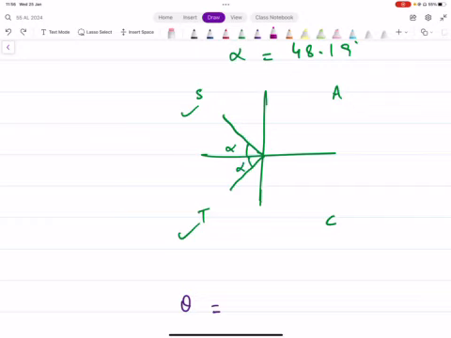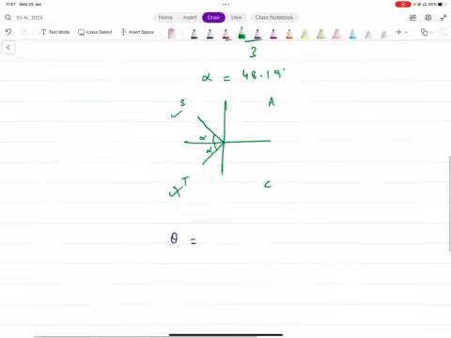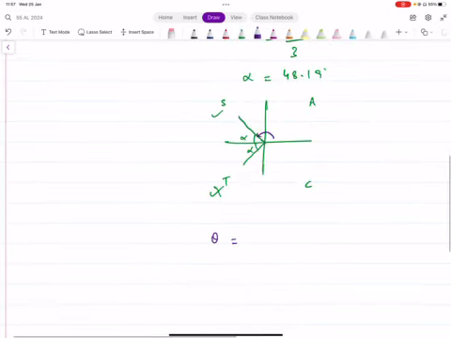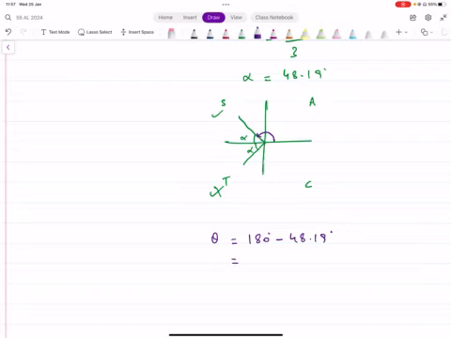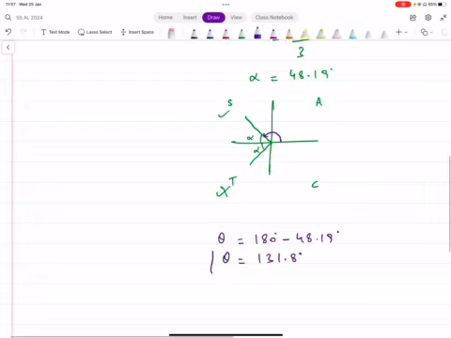So we have to exclude the third quadrant from this because that's outside the range. Range से बाहर है, इसलिए आपको वो भी exclude करना पड़ेगा. So we have only one possibility, and that is this angle here. This is going to be 180 minus 48.19, and that turns out to be 131.8 degrees. This is one value of theta that we are getting.